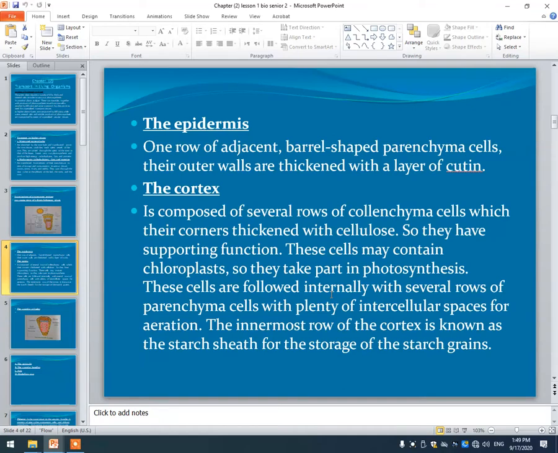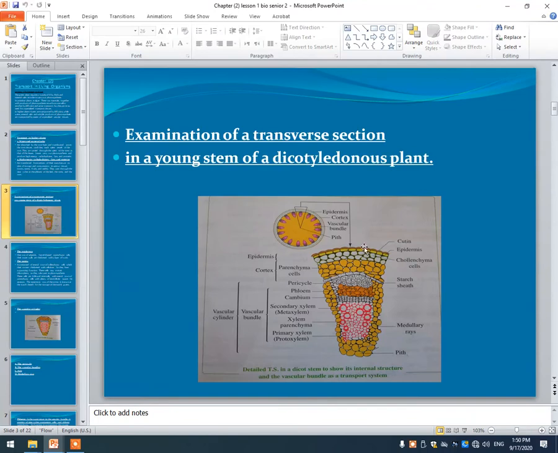These cells may contain chloroplasts, so they may take part in photosynthesis. Also, these cells are followed internally by several rows of parenchyma cells. Parenchyma cells have intercellular spaces for aeration. And the innermost layer of the cortex is known as the starch sheath. The starch acts as a source of food.